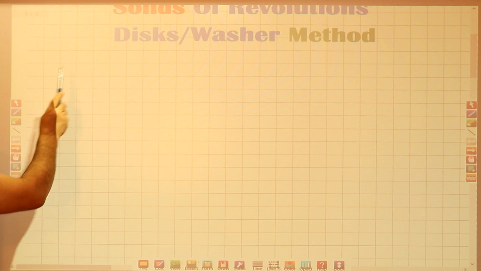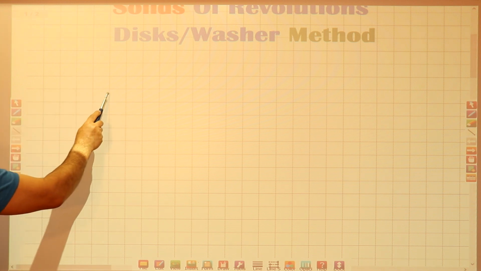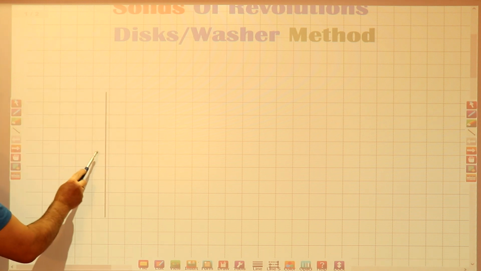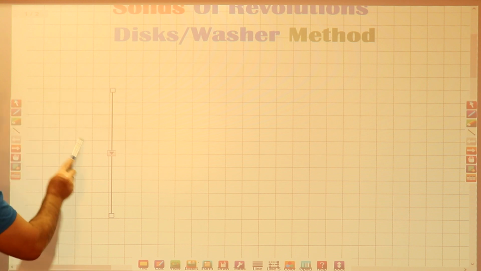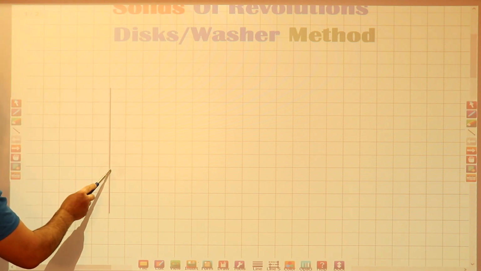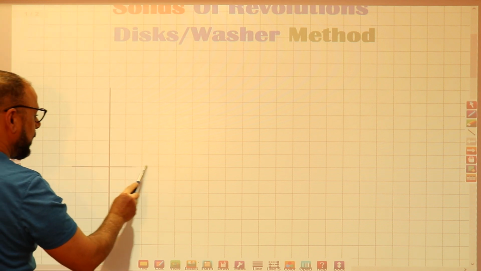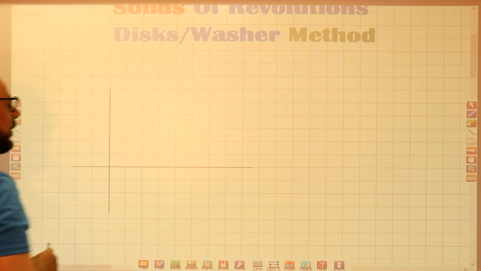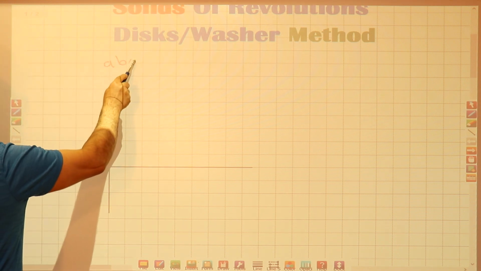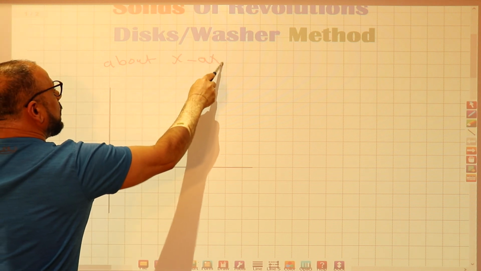When we want to revolve one function about the x-axis, now let's talk about revolving about the x-axis.